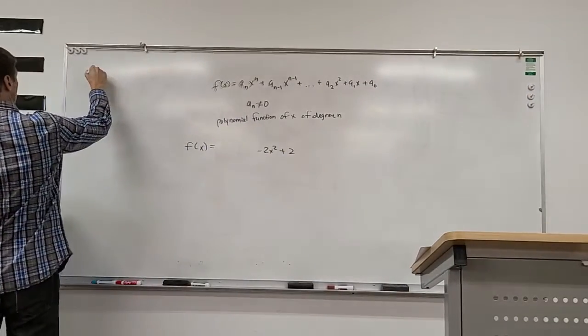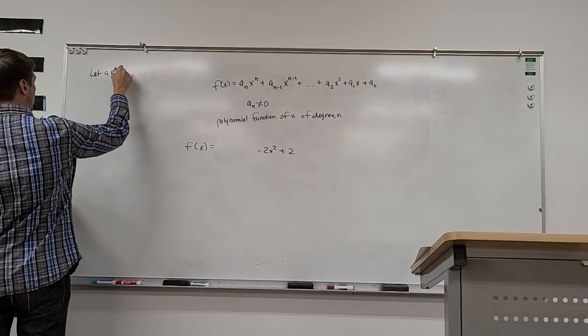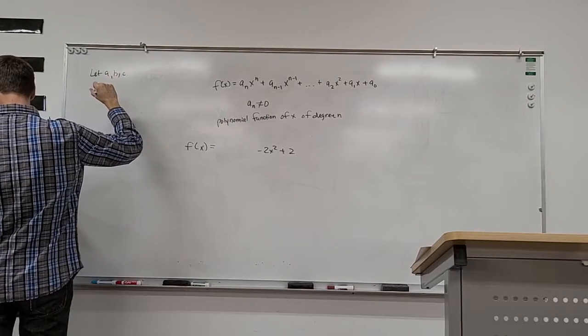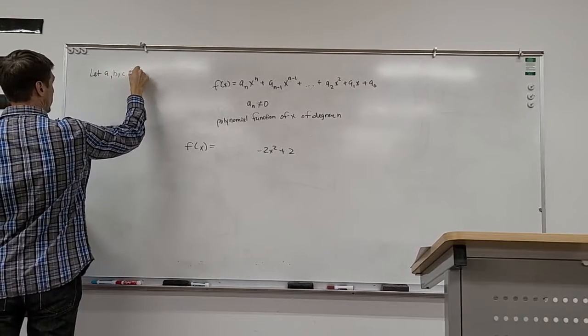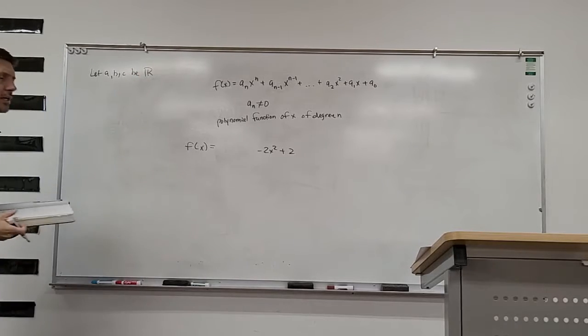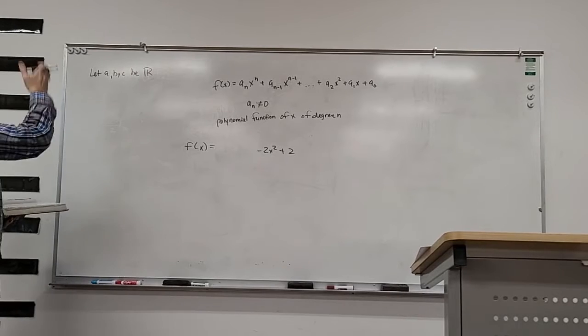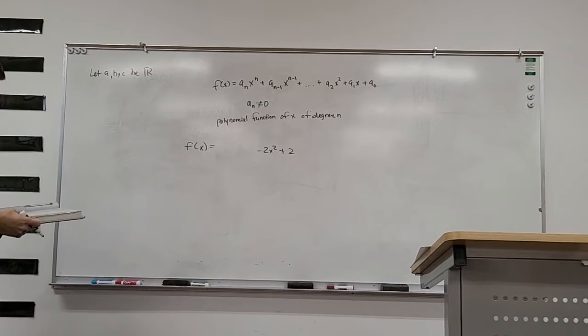So let A, B, C be reals. I'm going to draw that line. You'll find that in other math books, where you do the R with a double line on the left, defining that symbol means reals.